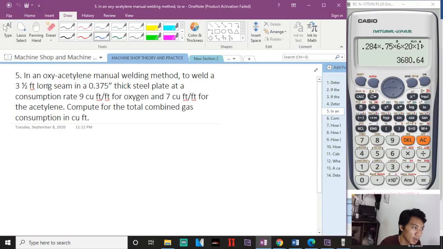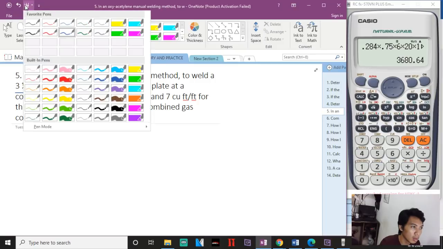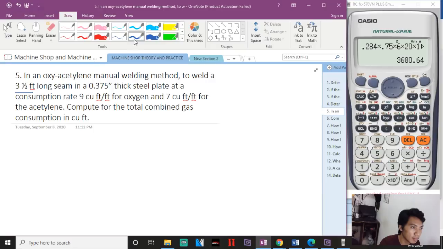Okay? In an oxyacetylene manual welding method, to weld a 3.5 feet long seam in a 3.375 inch thick steel plate at consumption rate of, for oxygen and for acetylene.